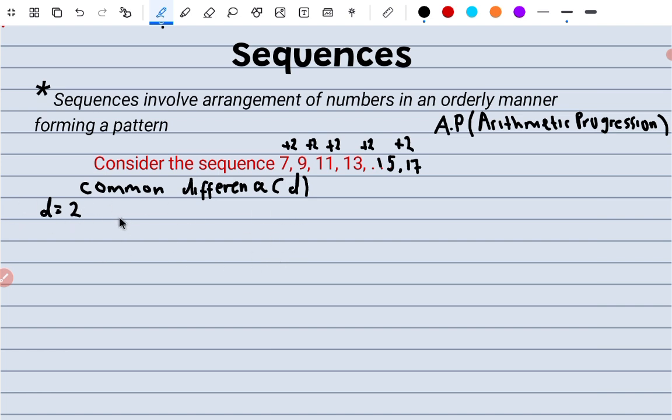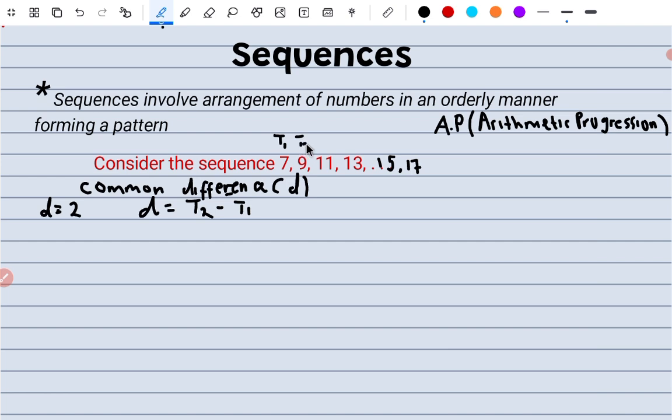This common difference is given by a formula: T2 minus T1. Looking at this sequence, this one here is T1, this one here is T2.